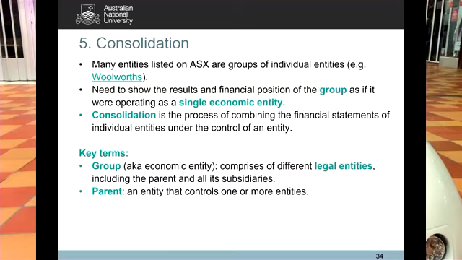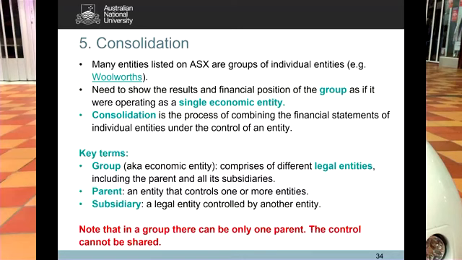Okay, so now we have several key terms: the group, the parent, and the subsidiary. Who is the group? Group basically comprises different legal entities. It's also known as the economic entity, which would include the parent and all its subsidiaries.